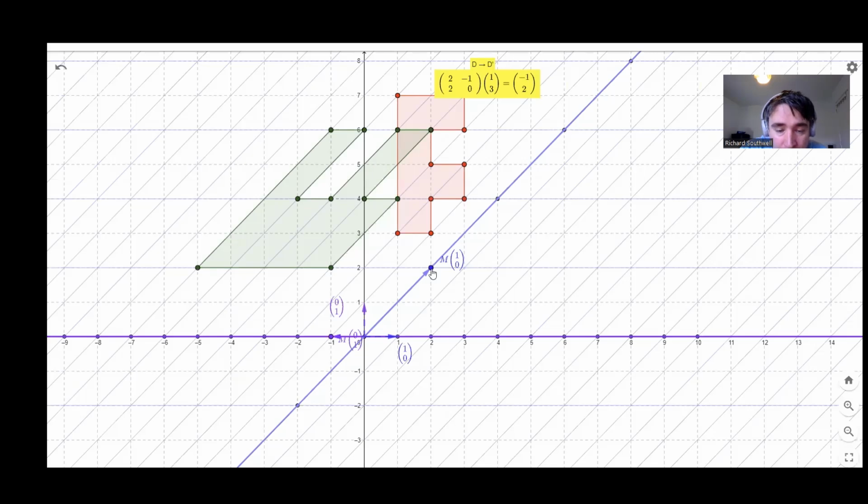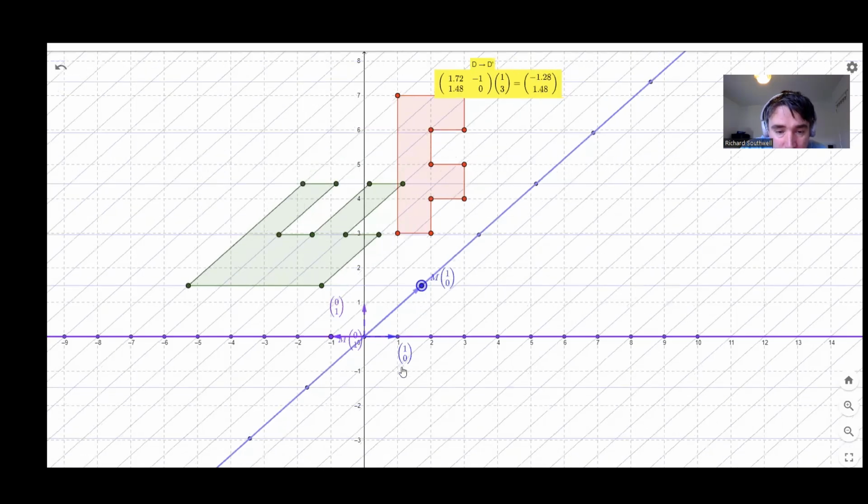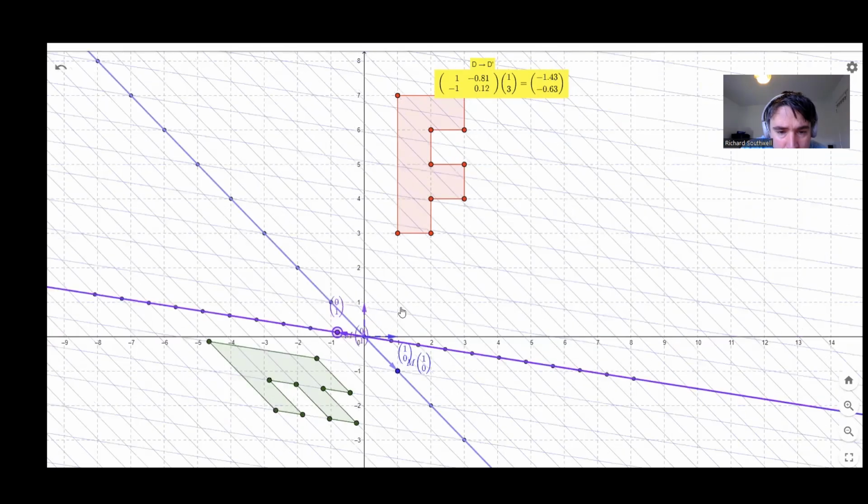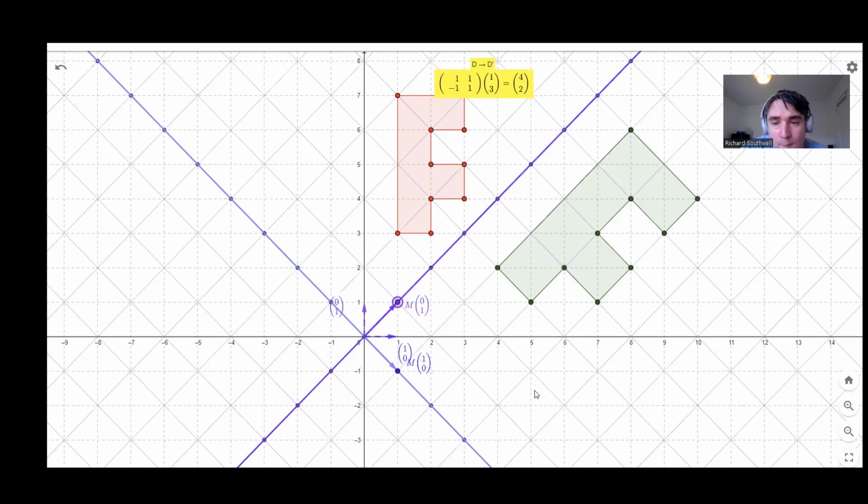So this one should go to 1, -1, and this one should go to 1, 1. And you can see that what this matrix is doing is rotating. It's one of these amplitwist motions.